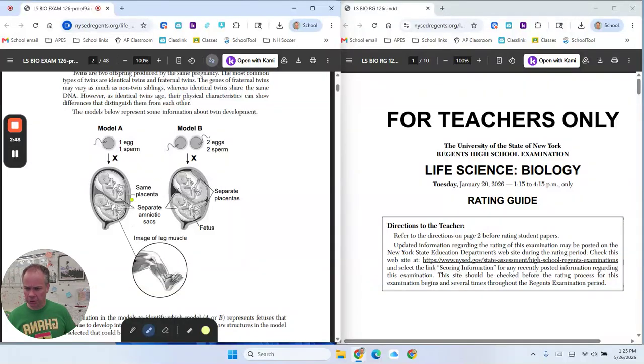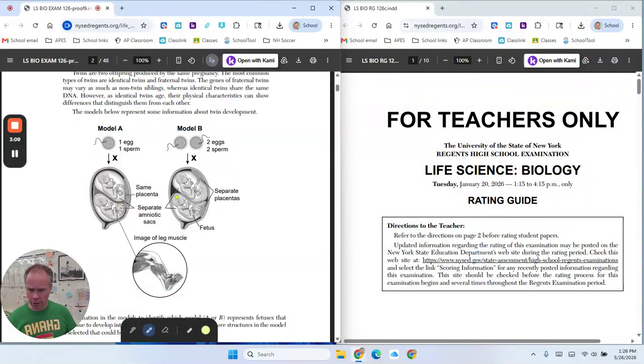Then I have a picture. It's showing me the womb, the uterus. It's not labeled, but that's what this is. In model A, I see that there's 2 fetuses there, and they share the same placenta, but they have separate amniotic sacs.